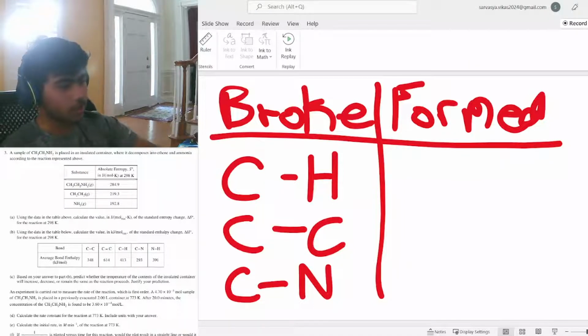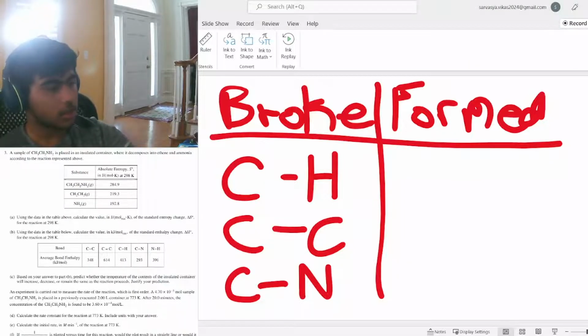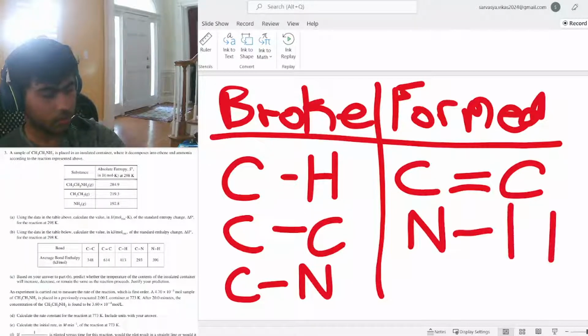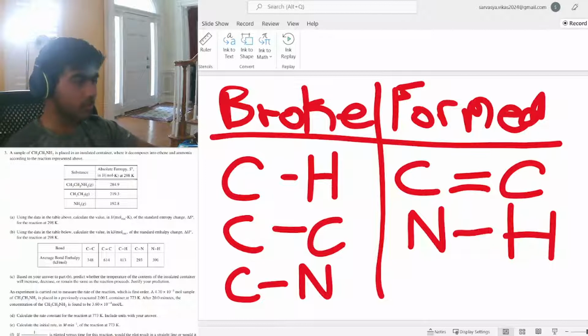So we formed a double C bond. We formed another NH bond. And that would be it. That is our entire table for the bond enthalpies.